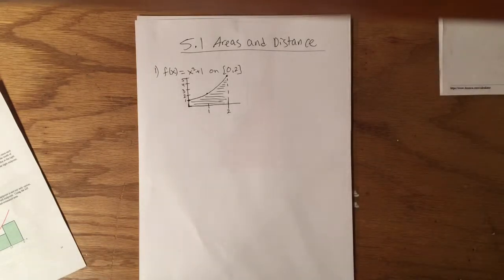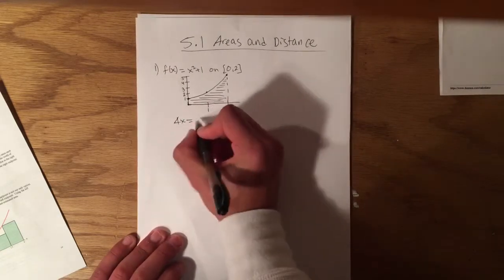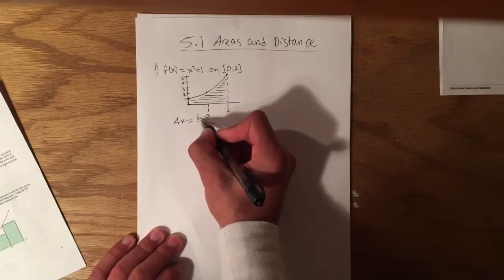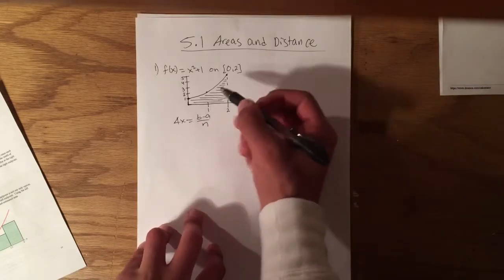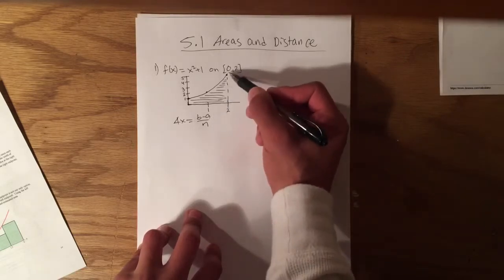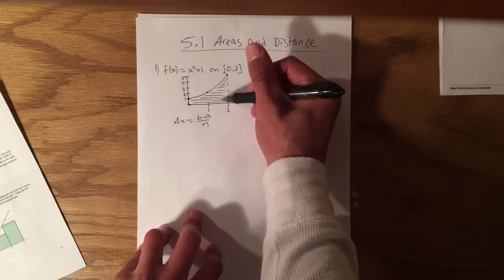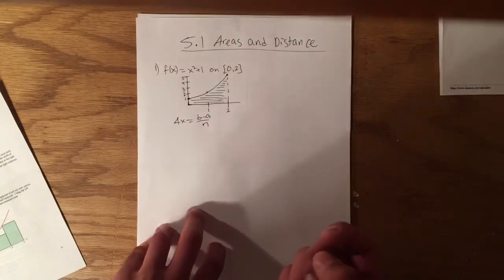To do an estimate, we can use the equation delta x equals b minus a over n, where b represents the rightmost endpoint, which is 2, a is the leftmost endpoint, which is 0, and n is how many intervals we divide this region into to get an estimate of that area.